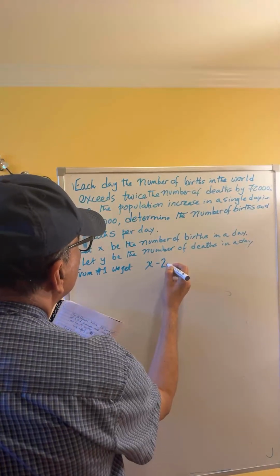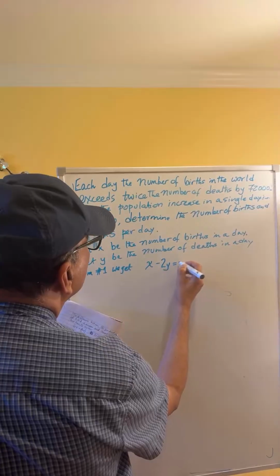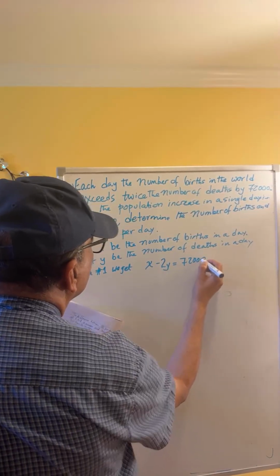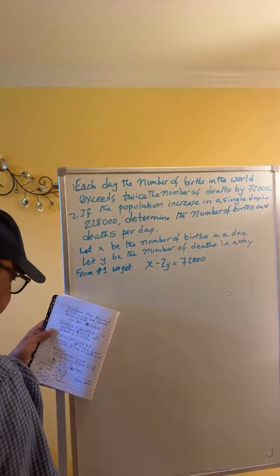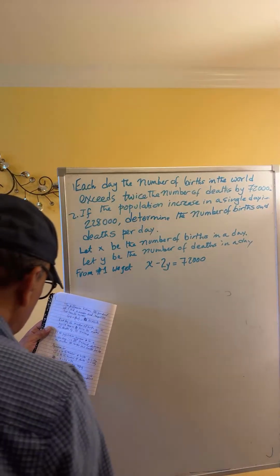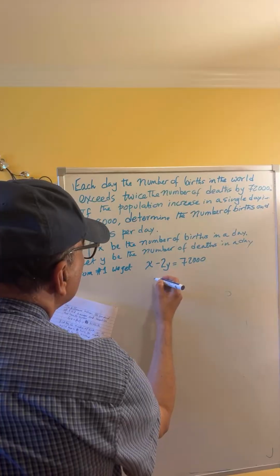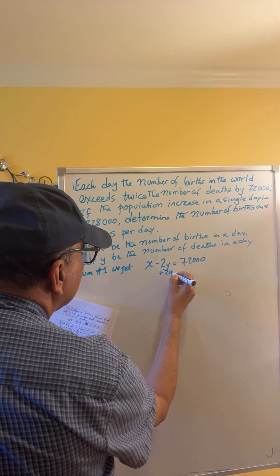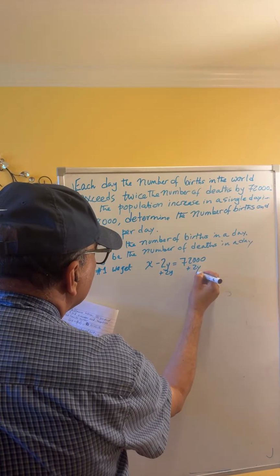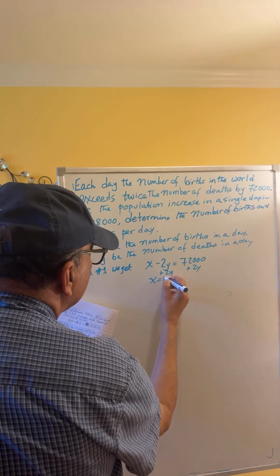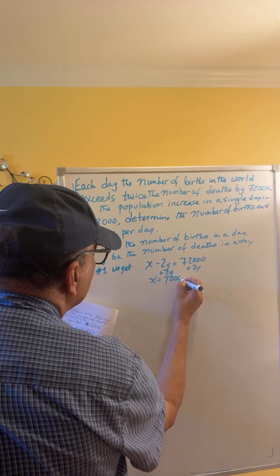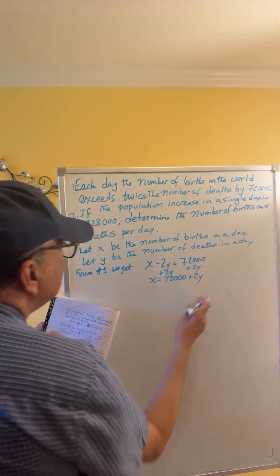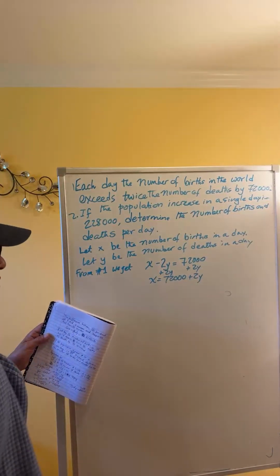That means X minus 2Y is equal to 72,000. So we can separate out the variables, add 2Y on both sides. So X is equal to 72,000 plus 2Y. Now we need to know the value of Y to solve for X, which we do not know.